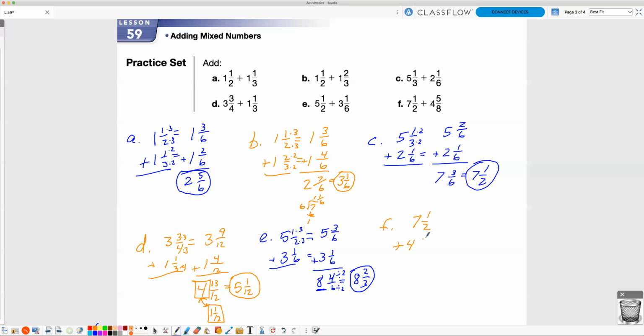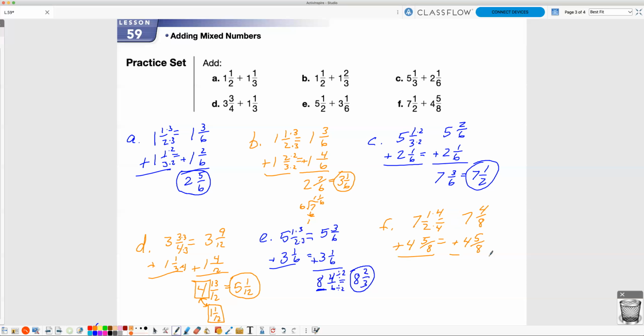plus 4 5/8. So in this one, it looks like 4 5/8 is just going to remain 4 5/8, because I can change this one, 7 1/2, into a denominator of 8 pretty easily, because 4 times 2 makes 8. So that means 1 times 4 is going to be 4 there.